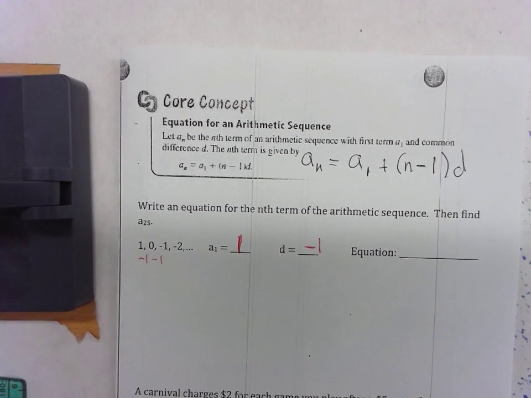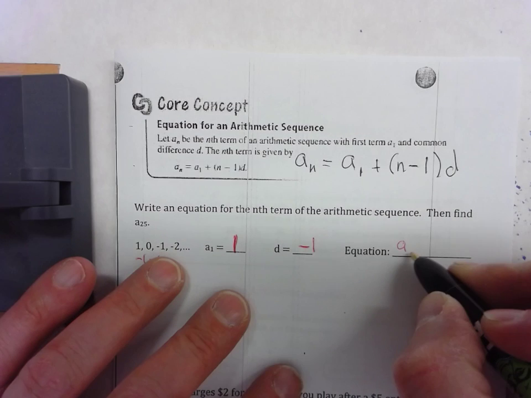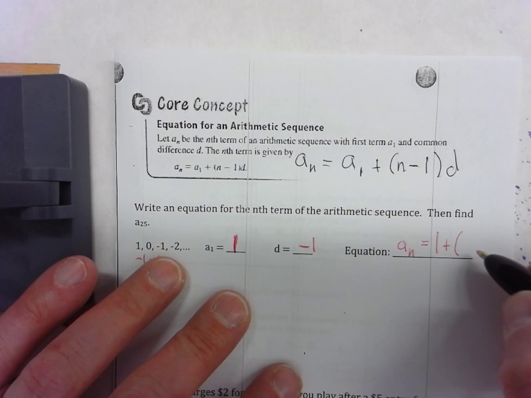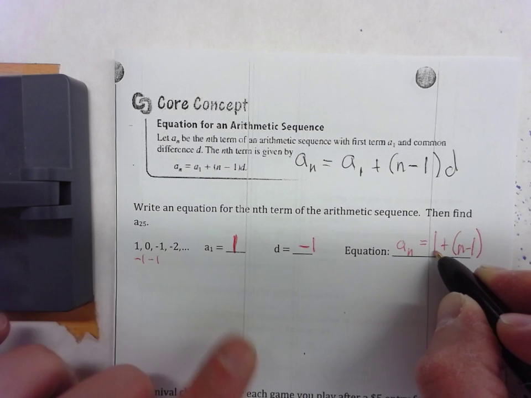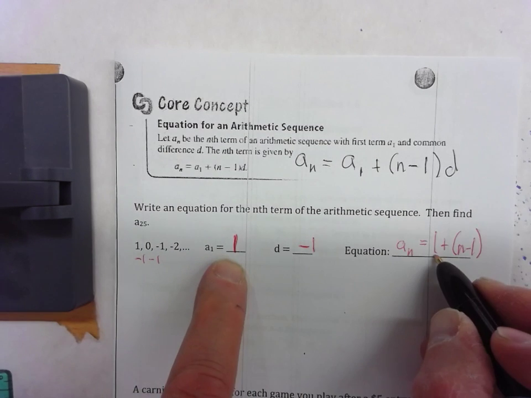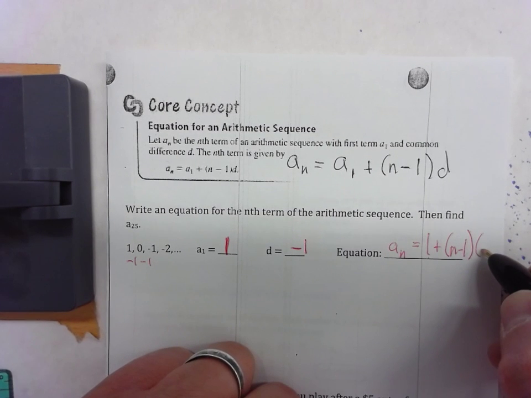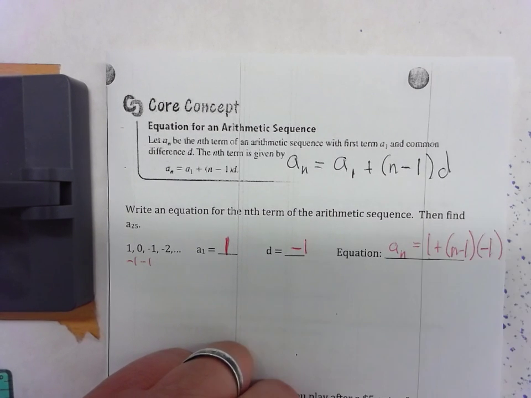When we put this in our equation, AN is equal to 1 plus n minus 1, times the common difference of negative 1.